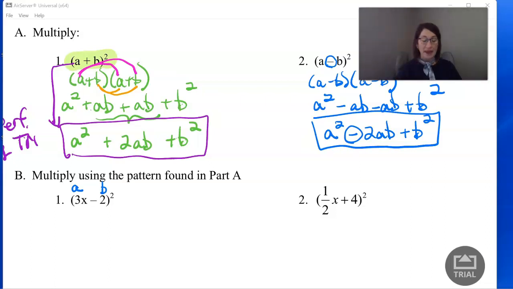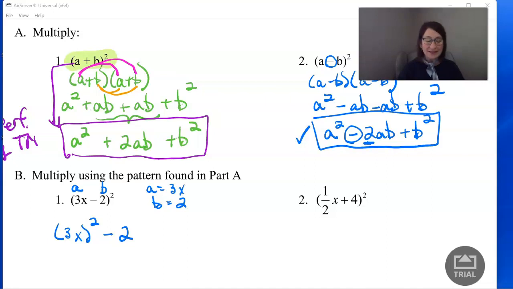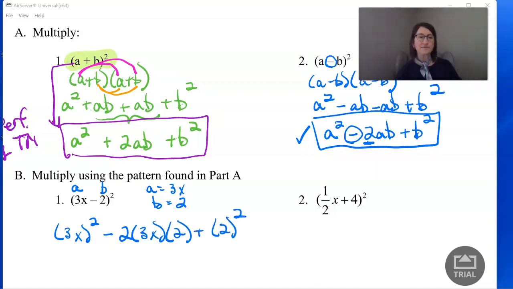The a is 3x, b is a positive 2. So now when I put that into that formula, it's going to be (3x) squared minus 2, which is part of my formula, times that a of 3x times my b, which is 2. Then plus my b squared.